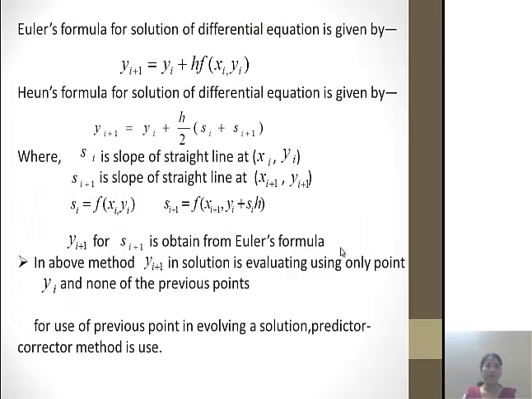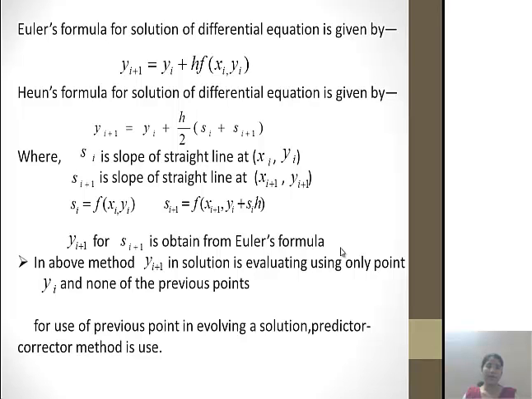Euler's formula for the solution of a differential equation is given by yi plus 1 equal to yi plus h f of xi, yi. The improved formula is yi plus 1 equal to yi plus h by 2 into si plus si plus 1. Si is the slope of the straight line at xi, yi, and si plus 1 is the slope of the straight line at xi plus 1, yi plus 1.